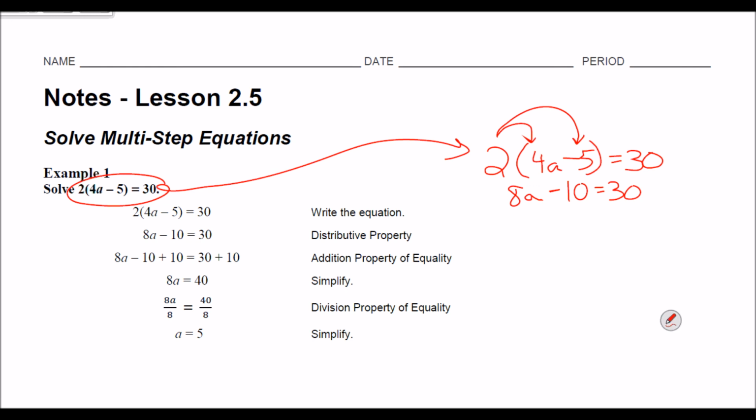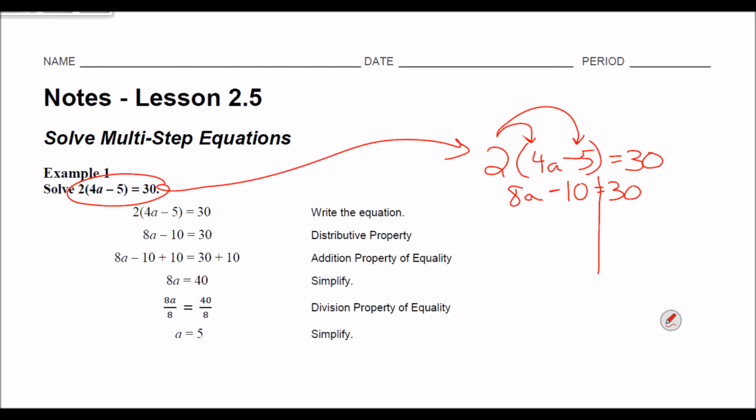And those two are not like terms because the 8a has the variable a and the 10 does not have a variable. So those are not like terms. Then we cover up the left side and look only at the 30. Well, the 30 is already by itself, so there are no like terms on the right side of the equation either. So in this particular case, we get rid of the parentheses, and then it becomes just like equations that we solved way back in 2.2.